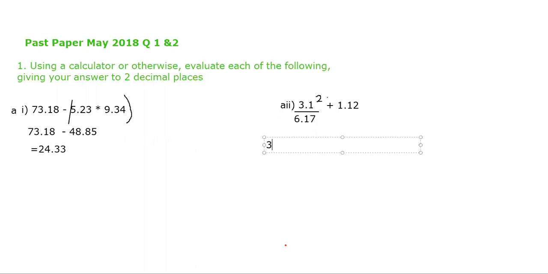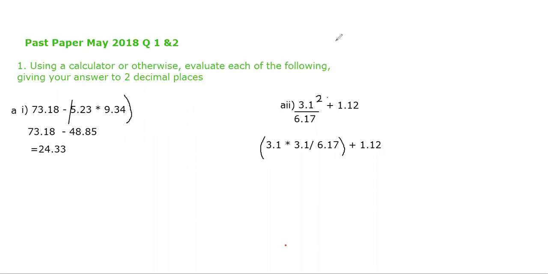So we would have 3.1 times 3.1, right, divided by 6.17, right? And all of that is added to the 1.12, right? Let me proceed to add the parentheses to know that it's a different operation, and that would be happening first.